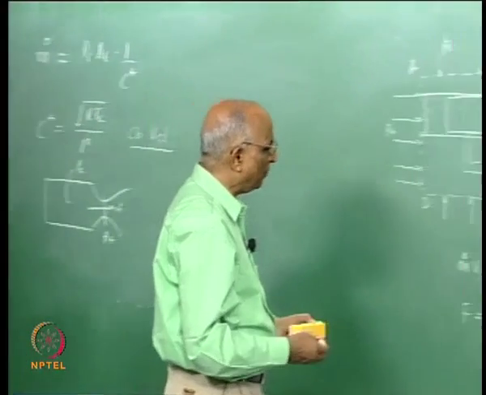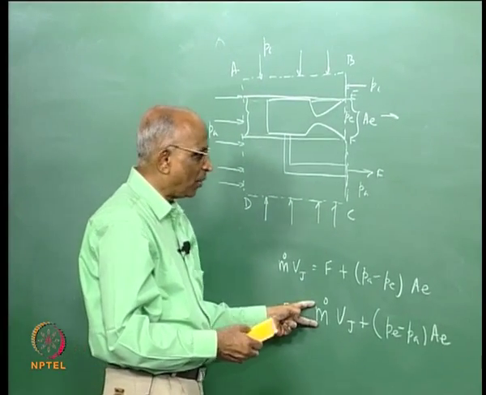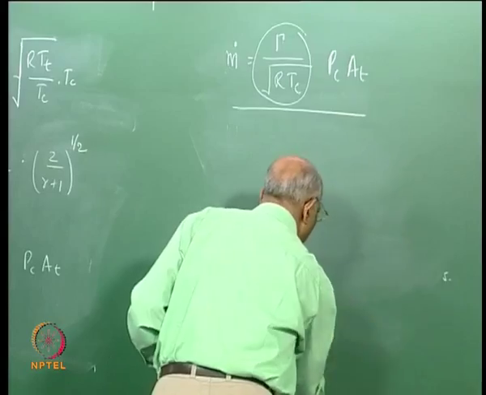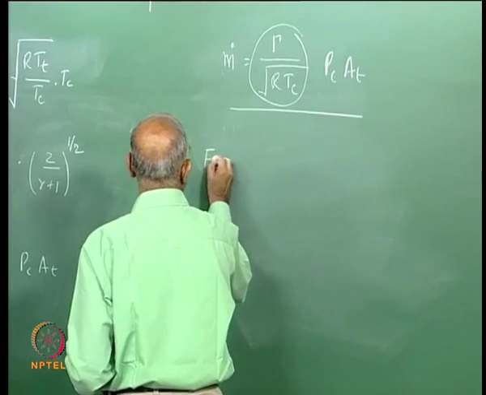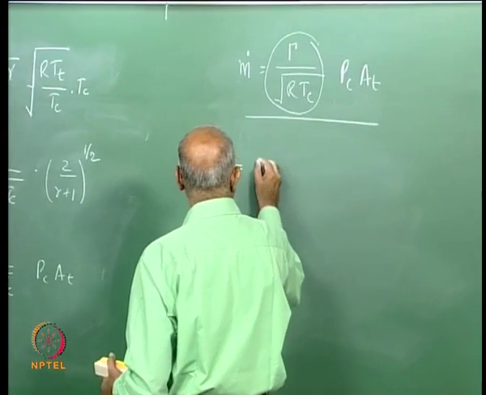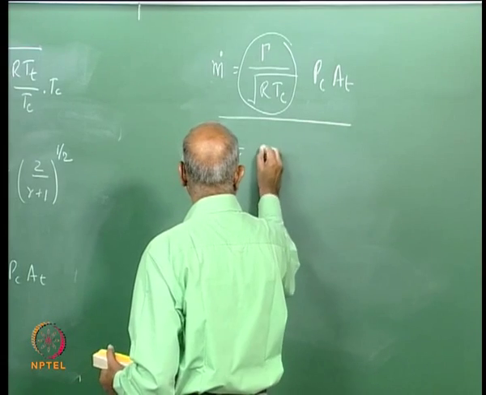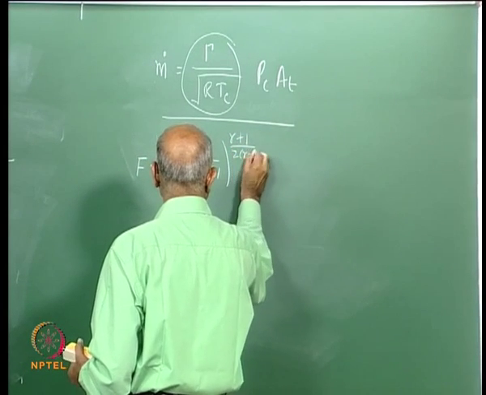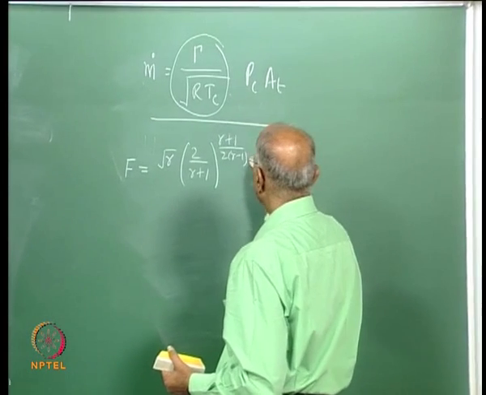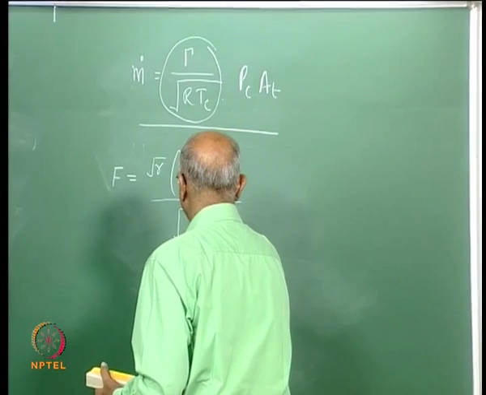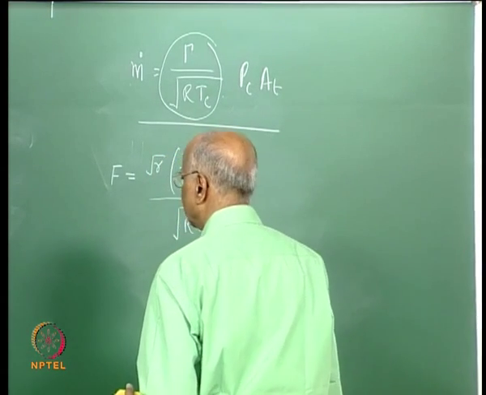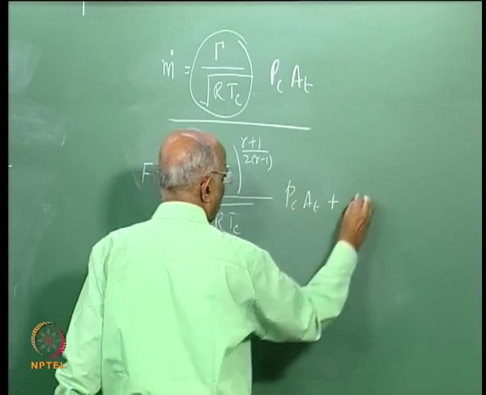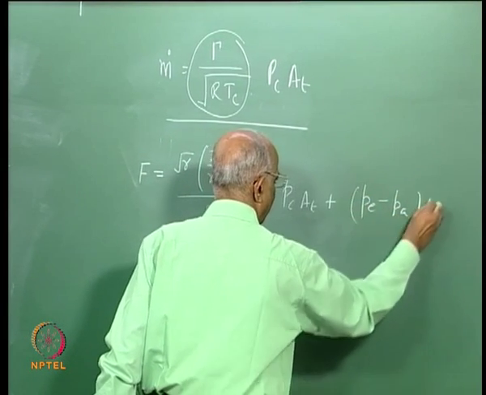Therefore, what is it we ended up doing? We wanted to find out the value of m dot, and the value of m dot we said was equal to, let us put it down, I have the value there, and therefore I can now write my force is equal to, let us substitute the value of gamma, under root gamma 2 over gamma plus 1 divided by gamma plus 1 divided by 2 into gamma minus 1, into divided by under root RTC, into PcAt plus Pe minus Pa into Ae.